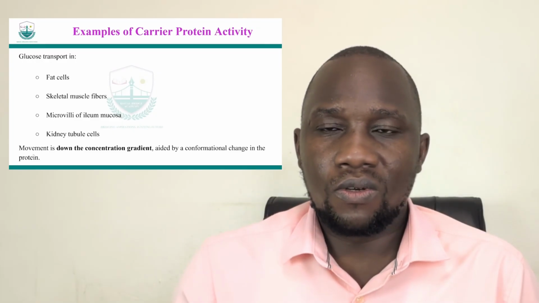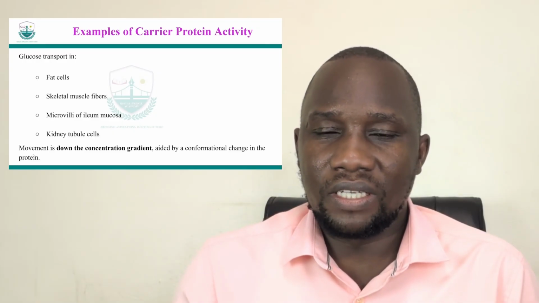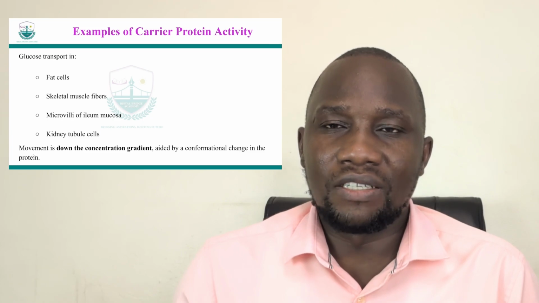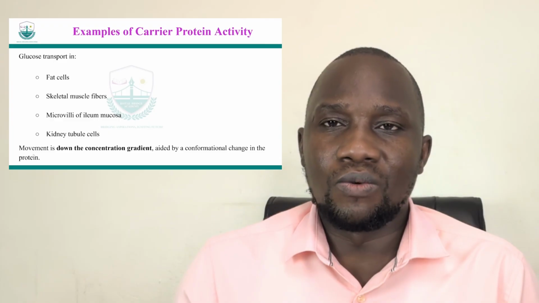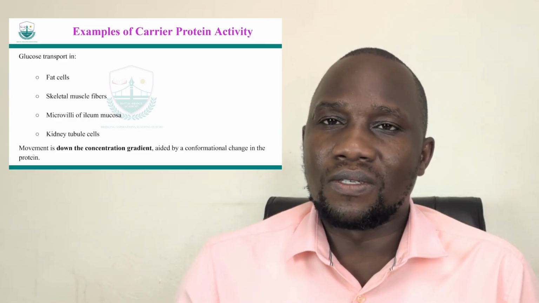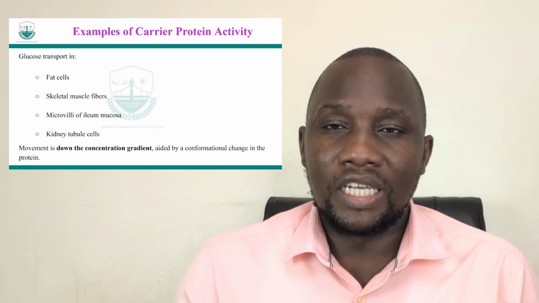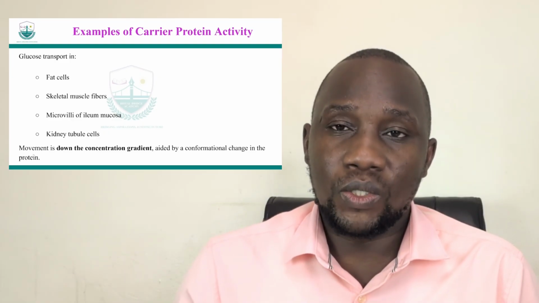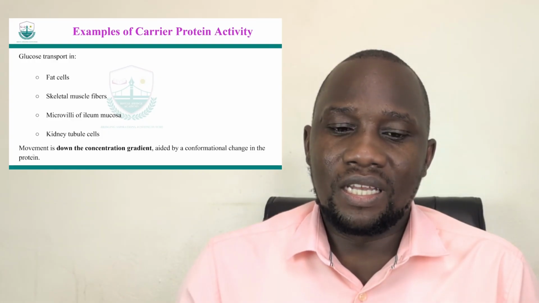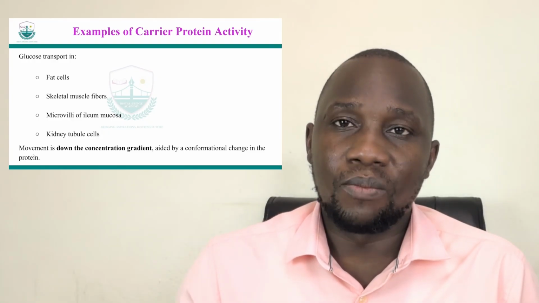Okay, so glucose needs carrier proteins, and we are saying that if glucose does not have carrier proteins, it will not go into the cells where we need to store it. Okay, so the glucose needs to be taken into the muscles, and into fat cells or adipocytes.